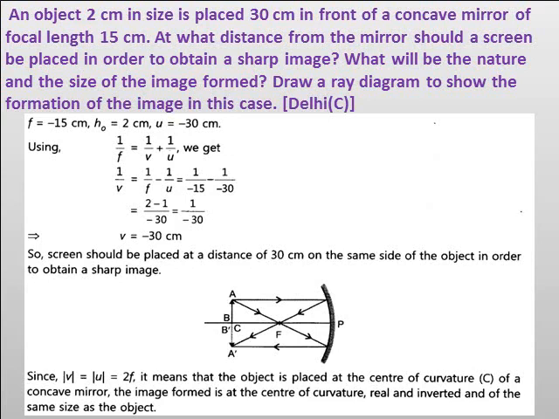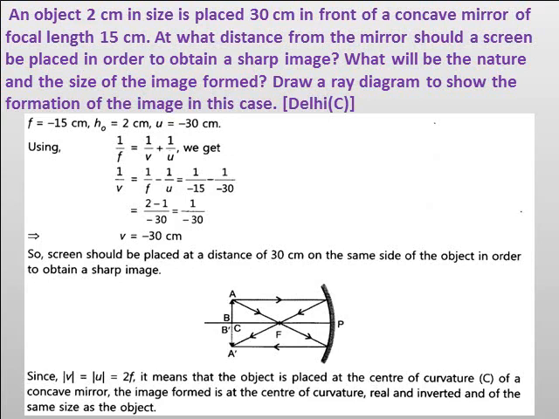So, when an object is kept at C, when you recall the ray diagram, it gives the same size of the image, but it gives you an inverted image. So, recall the diagram is also given here. When the object is kept at C, the image is obtained at C itself.